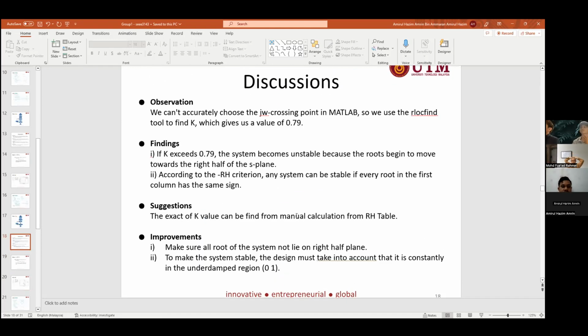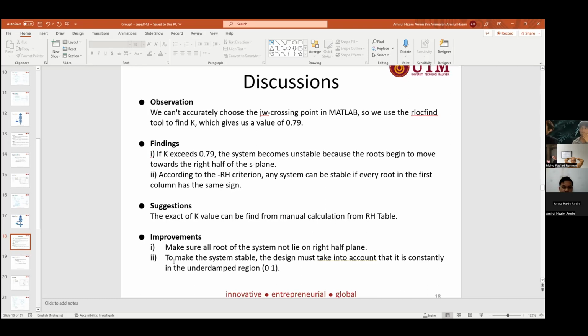So here is the discussion about question 2. Our finding for question 2 is if K exceeds K critical, which is 0.79, the system becomes unstable. Our suggestion is the exact K value can be found from manual calculation from the RH table. An improvement that we can do is make sure all roots of the system do not lie on the right half plane.